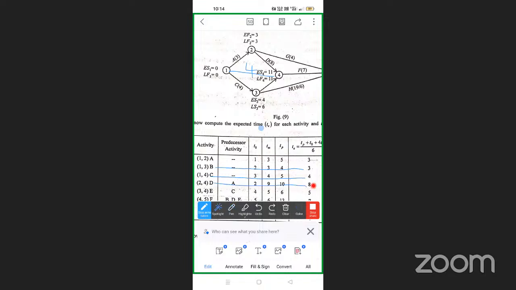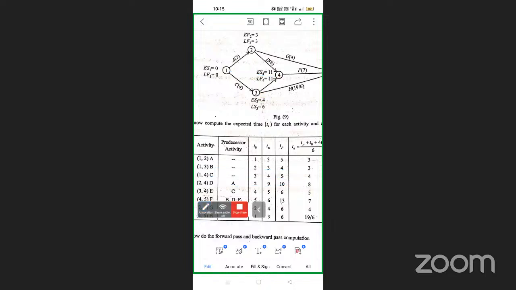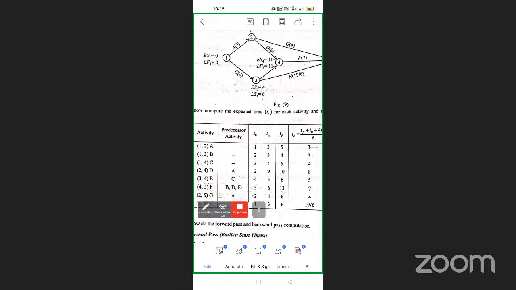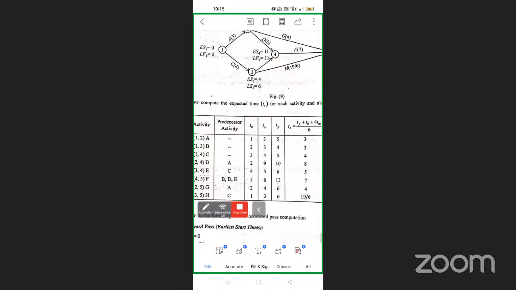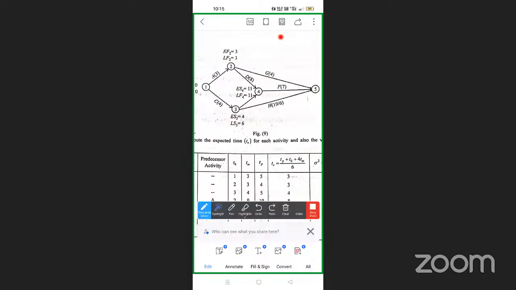Next 3 to 4, the distance is 5 units. Next 4 to 5, the distance is 7 units. Next 2 to 5, the distance is 4 units.